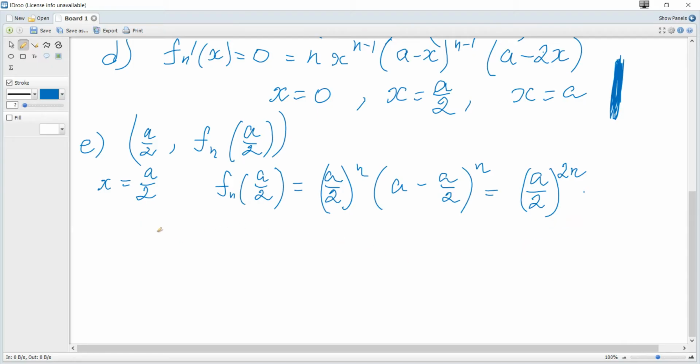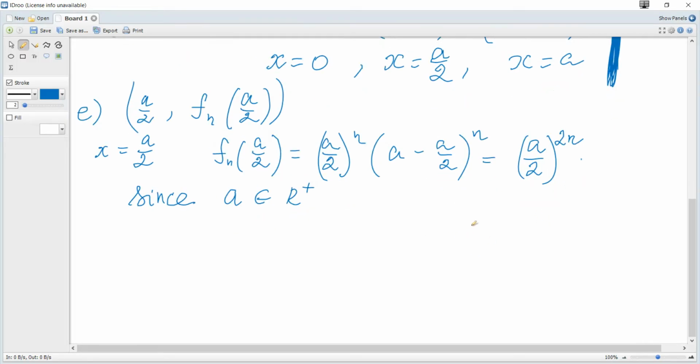And since a is real and positive, a positive value raised to positive or negative power, it doesn't matter, it's always positive. So it's not required that n is greater than 1, but also in general 2n is an even power. Any value raised to even power is positive, but it's not necessary here because a is positive, hence positive to any power.